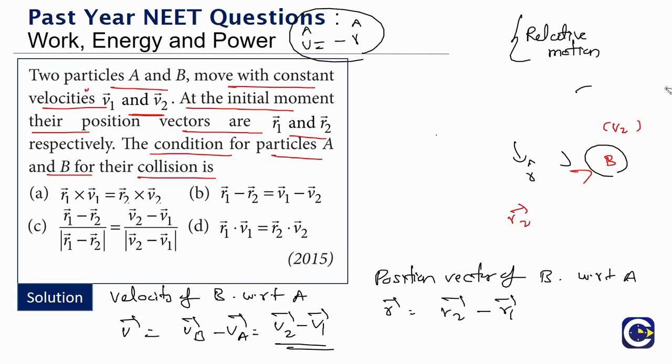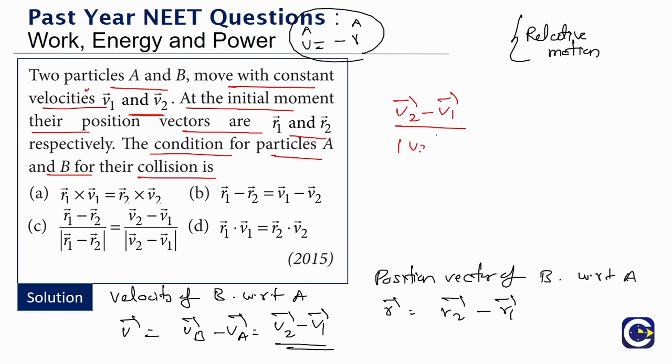What is v cap? It is the unit vector along the direction of v bar. For any direction, the unit vector is the vector value divided by its modulus. So this is our v cap. And r cap is the vector divided by its modulus.